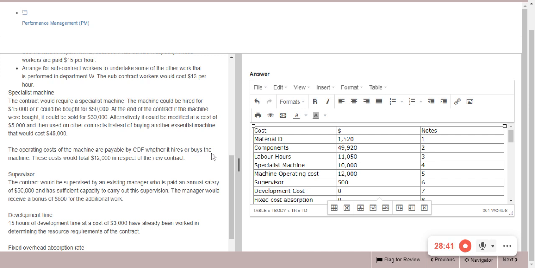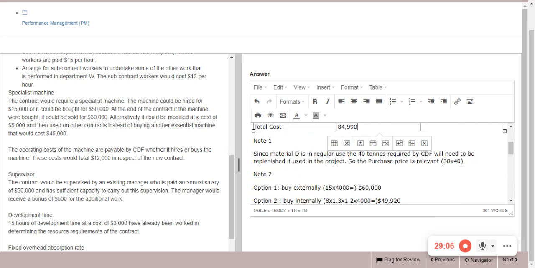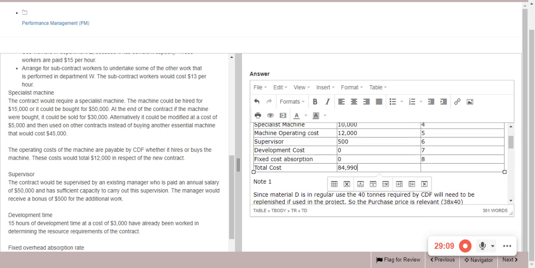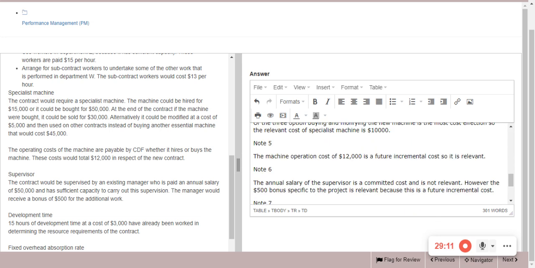So let's just recalculate the entire thing. 1,520 plus 49,920 plus 11,050 plus 10,000 plus 12,000 plus 500. So 84,990 is my answer, and that's it.